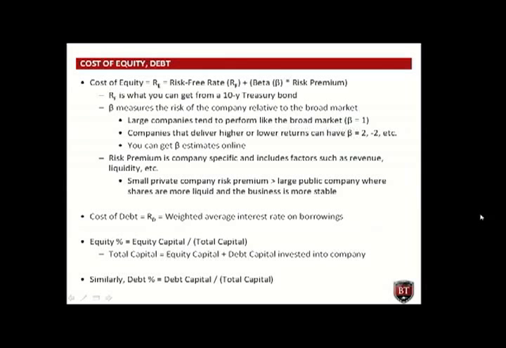So you start out with a baseline risk-free rate. You add the product of something that's called beta multiplied by the risk premium.